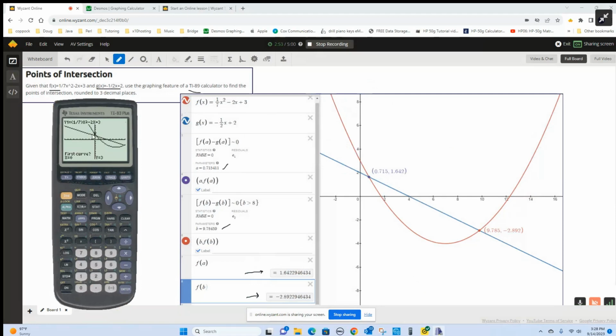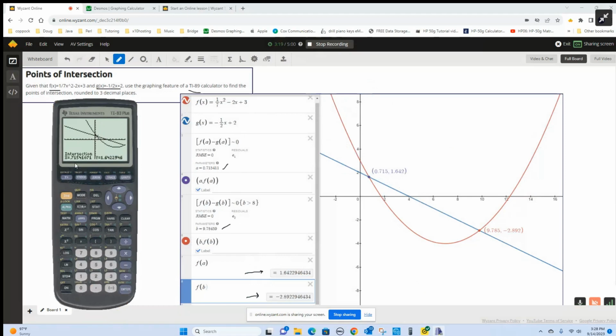What we want to do is get this cursor close to the point of intersection. It's pretty close right now, but the point of intersection is just a little bit to the right. So I want to get a little closer. And once you're pretty close, you hit enter 3 times. 1, 2, it's taking a guess.